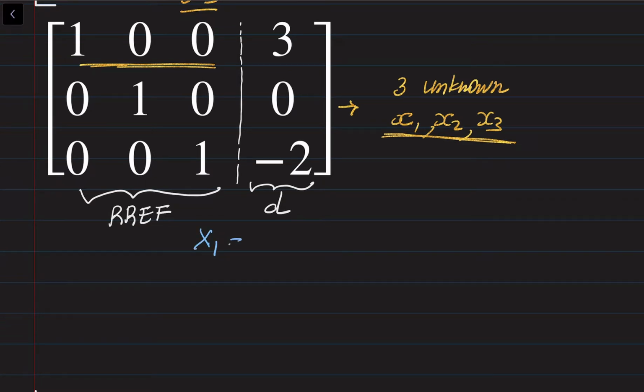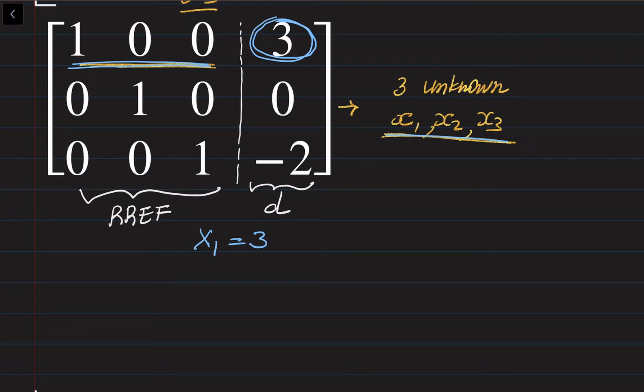And this should be equal to the right-hand side part. This should be equal to 3. Again, every row of this matrix should be multiplied to the vector with the unknowns, and it should be equalized to the constant from the right-hand side part corresponding to that particular row.